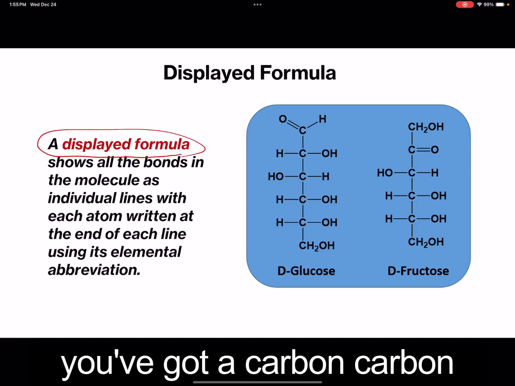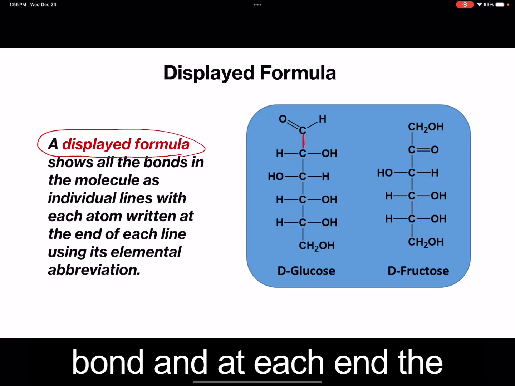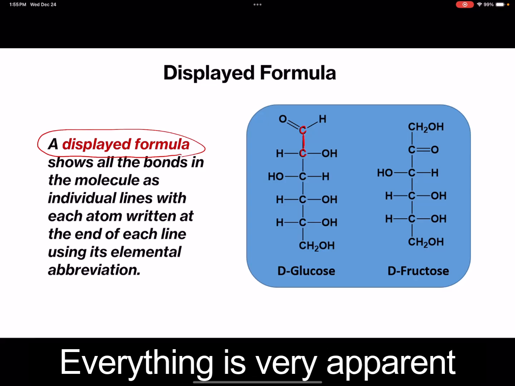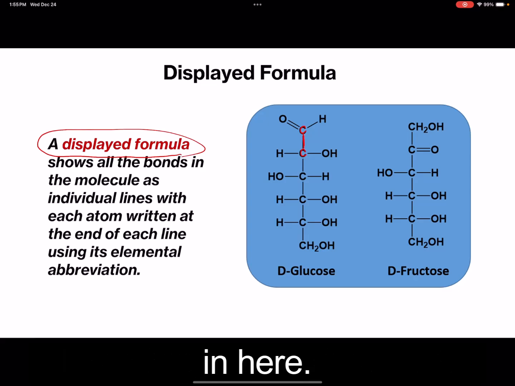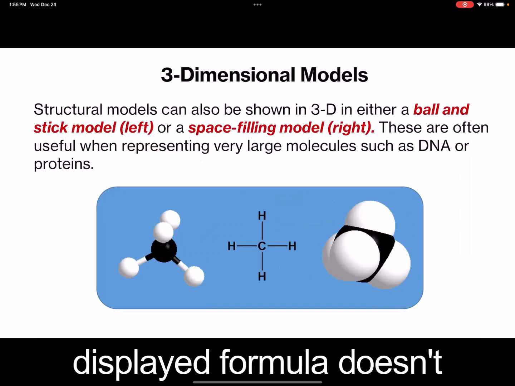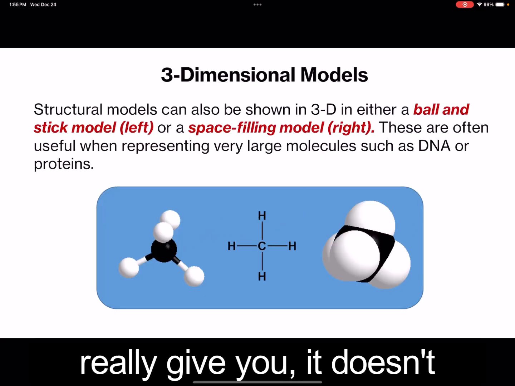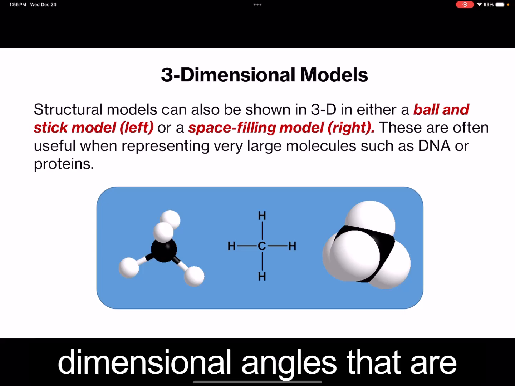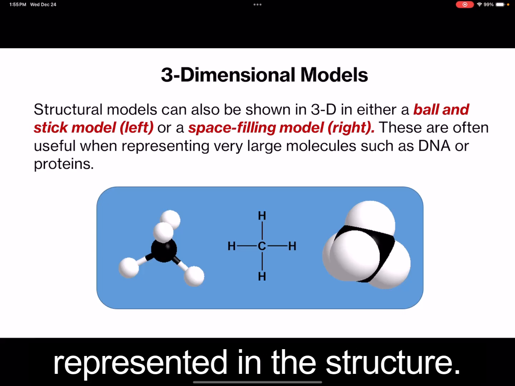So here you've got a carbon-carbon bond, and at each end, the atoms are written. So this is a displayed formula. Everything is very apparent in here. The only thing that the displayed formula doesn't give you is the three-dimensional angles that are represented in the structure.